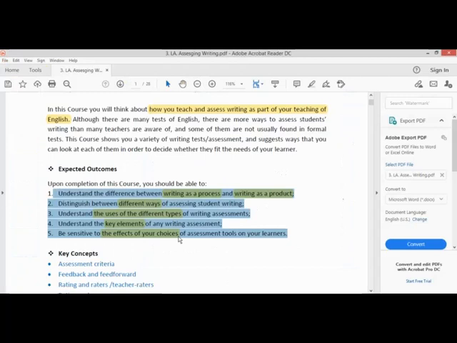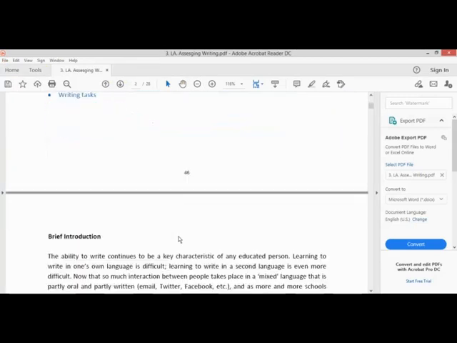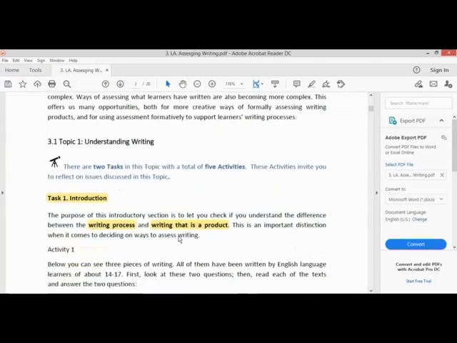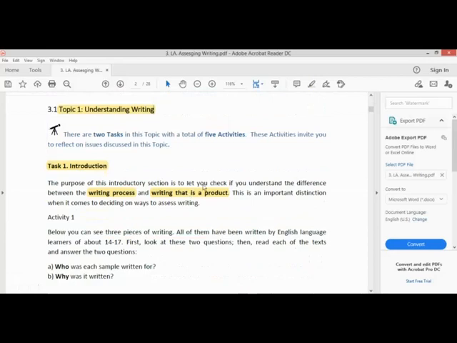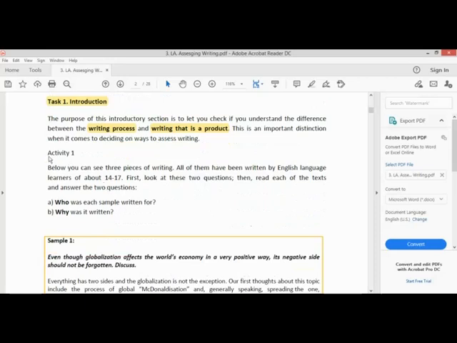Look at this book, in topic 1, task 1, introduction. The purpose of this introductory section is to let you check if you understand the difference between writing as a process and writing as a product. And you need to follow the activity here.